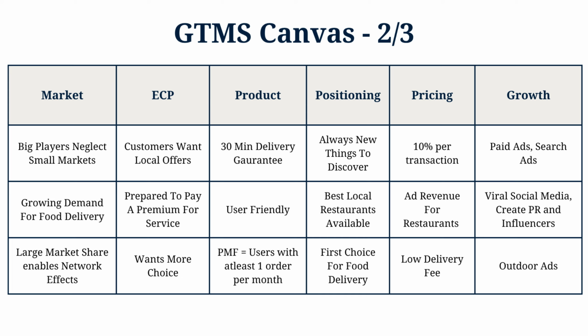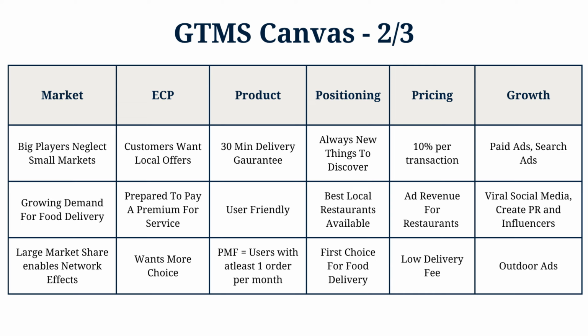For them, product market fit means users with at least 1 order per month. In terms of their positioning, there's always something new to discover. The best local restaurants are available on the platform, and they wanted to become the first choice food delivery partner for each of their users.